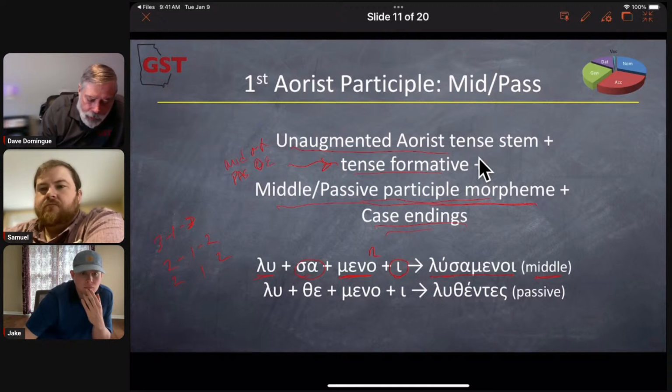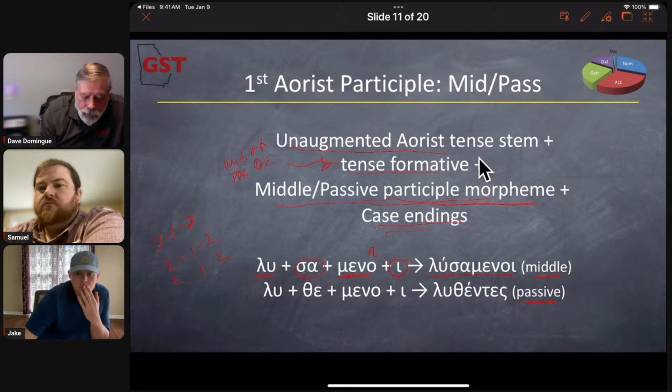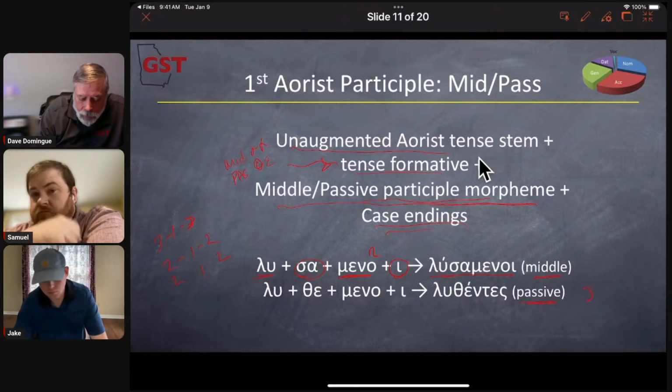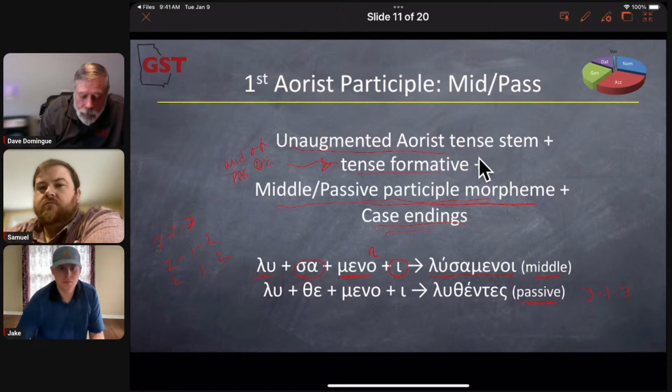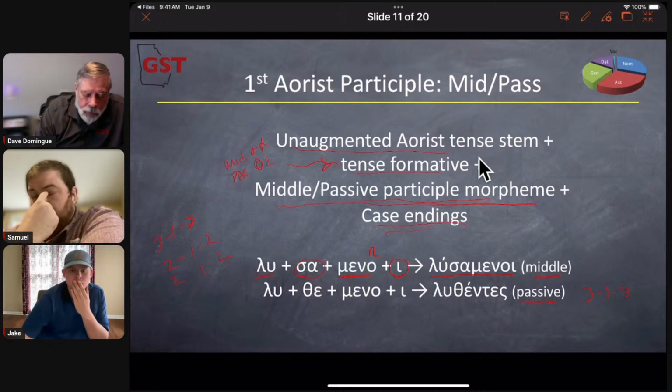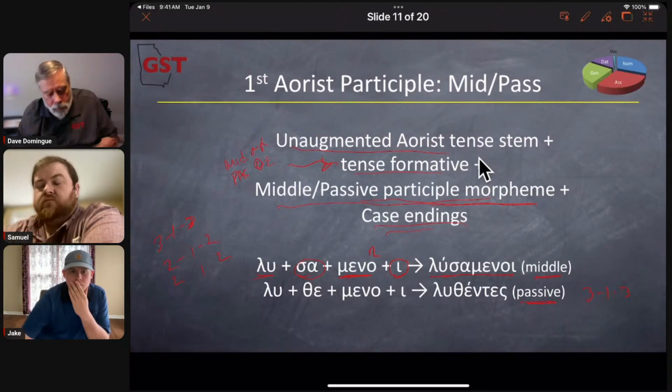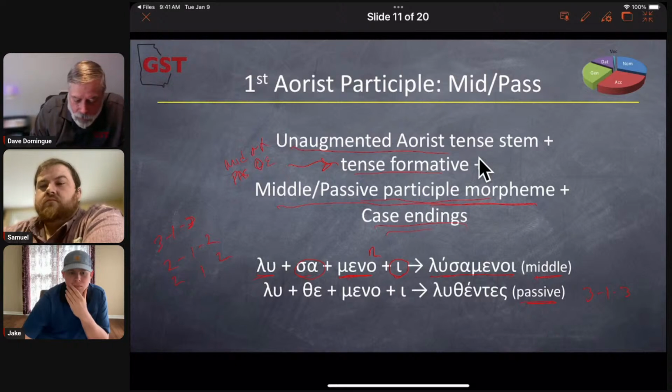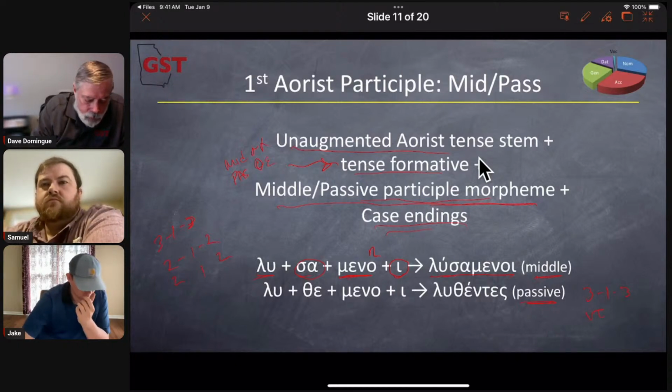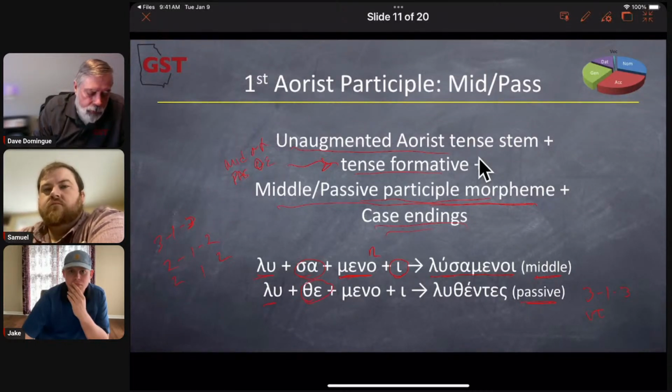The passive is different. The aorist passive is going to use the third declension, 3-1-3 pattern, and it's going to use the nu tau. And so we see our tense stem. We see a passive tense formative.